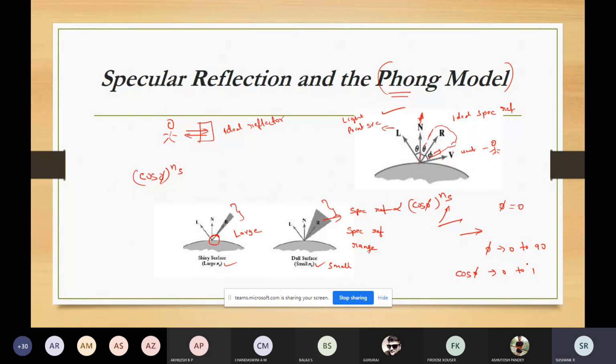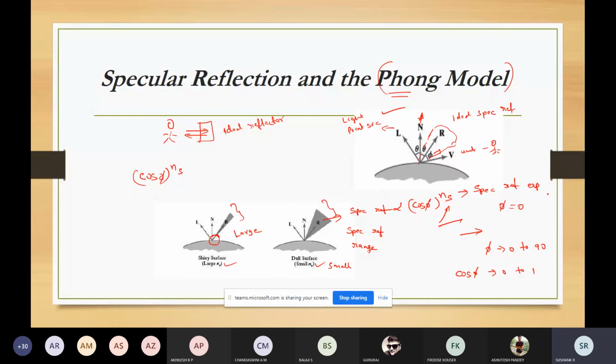And we have one more component called ns. We call this the specular reflection exponent. It is determined by the type of the surface. For shiny surfaces, the value of this specular reflection exponent will be large, and for dull surfaces, it will be very small.